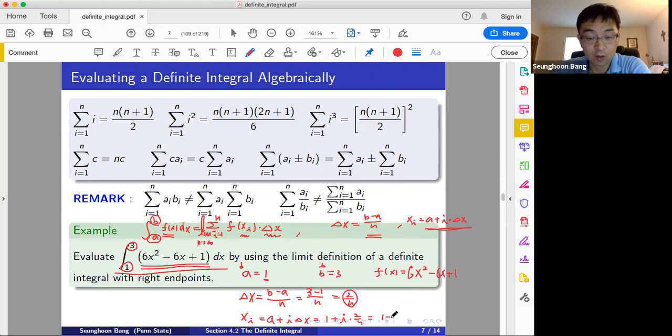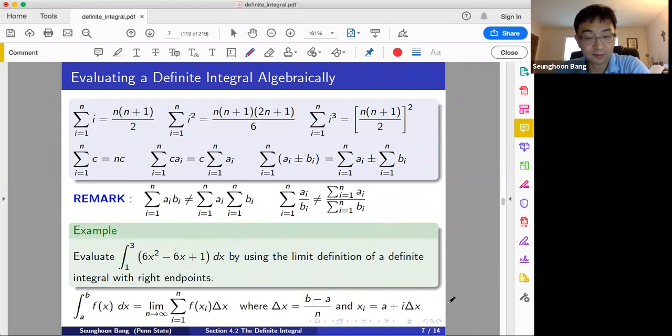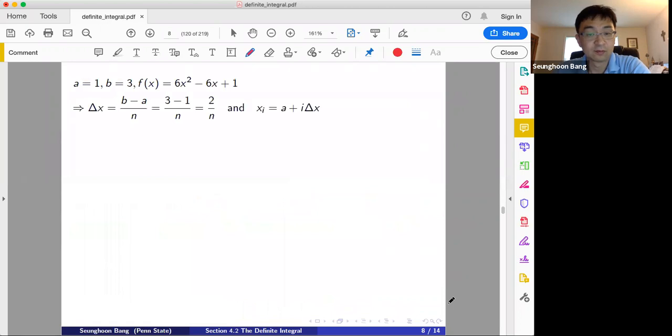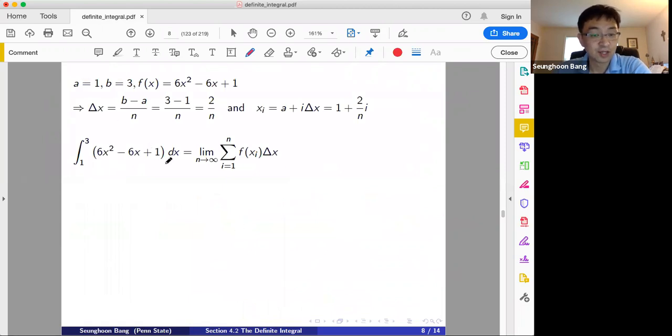So we have 1 plus 2i over n. So delta x is 2 over n, and x_i is 1 plus 2i over n. That's good. Yep. So you can change the integral to this kind of form. This is the same as, I can write here, the limit as n approaches infinity.